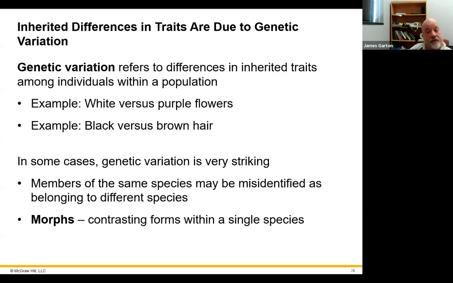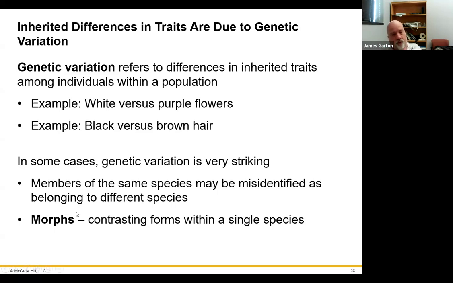In some cases, the genetic variation within a population can be very, very striking. And in some cases, you have members of the same species that, unless you're careful, you would identify as being of two different species because they really don't look anything alike. And you might use the term morph to describe this situation.